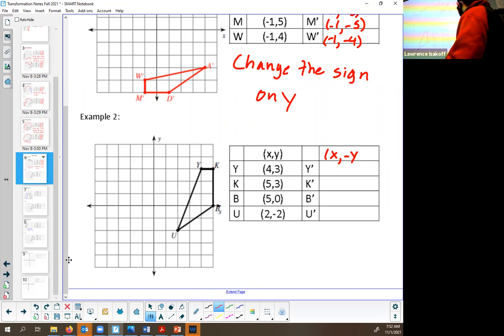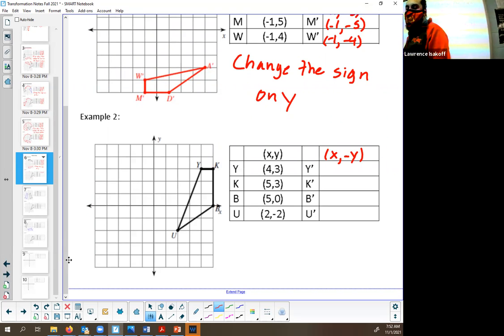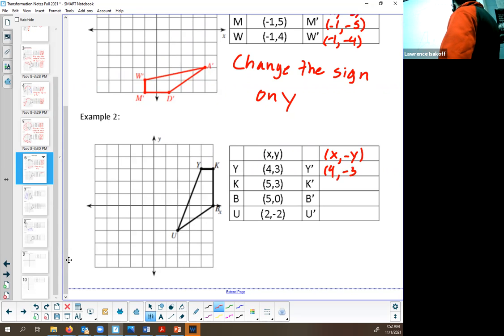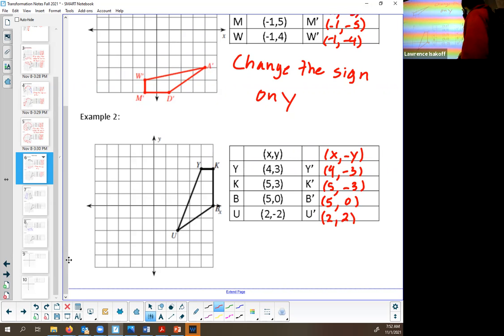So all I have to do is change the sign on y. So if something's positive, it's negative. If something's negative, it's positive. So that will be 4, -3, 5, -3. 0 does not get a negative sign, so that's just still 5, 0. And 2, now -2 turns to a +2. So now that I flip these signs, I get my new points.